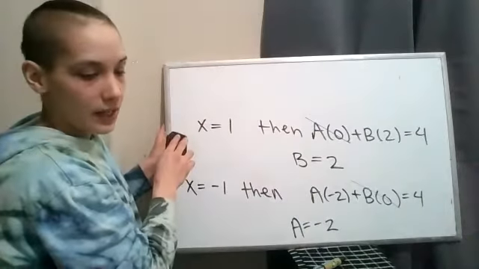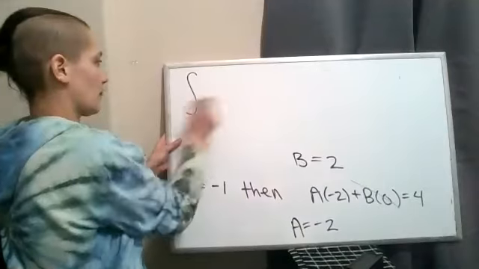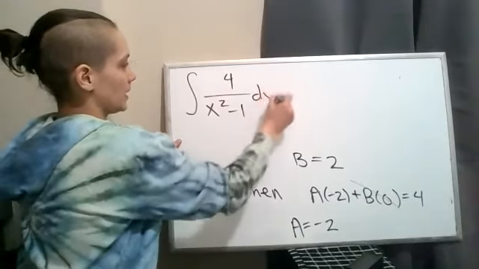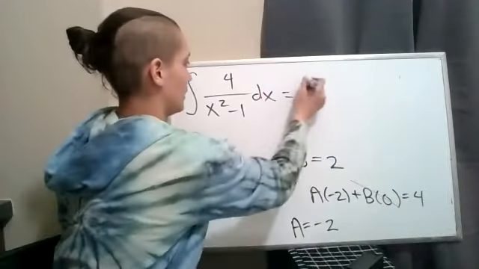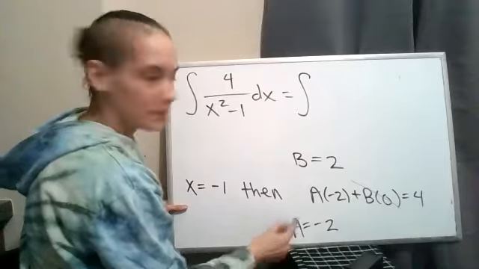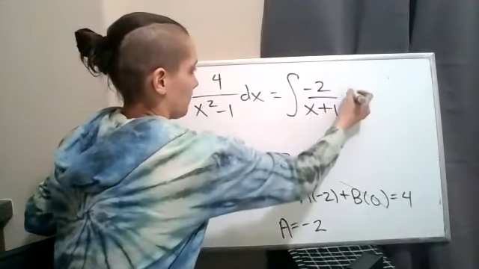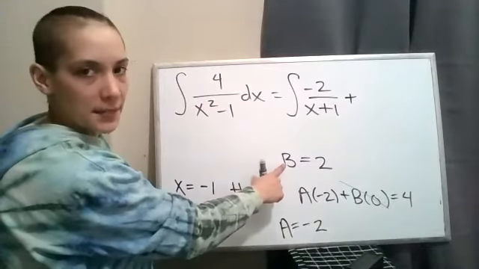So that integral that we had, 4 over x squared minus 1 dx, we can write as the integral of -2 over x plus 1 and 2 over x minus 1.